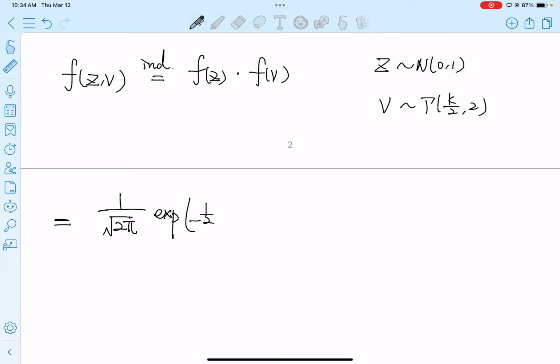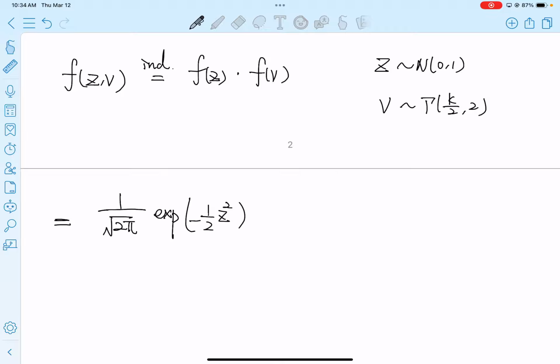That is the density function for the standard normal. So that's the f of z, the standard normal density function.